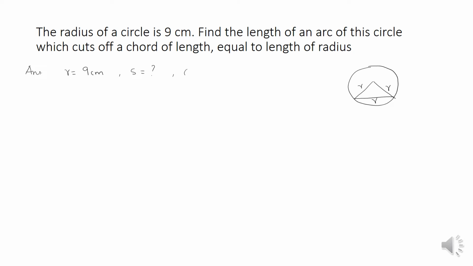So automatically theta becomes 60 degree. What is the value of theta here? 60 degree, correct? So again I'll write S is equal to r theta. Your r is 9, your theta is 60 degree, 60 degree means pi by 3. So length of arc will be 3 pi centimeter. Okay?